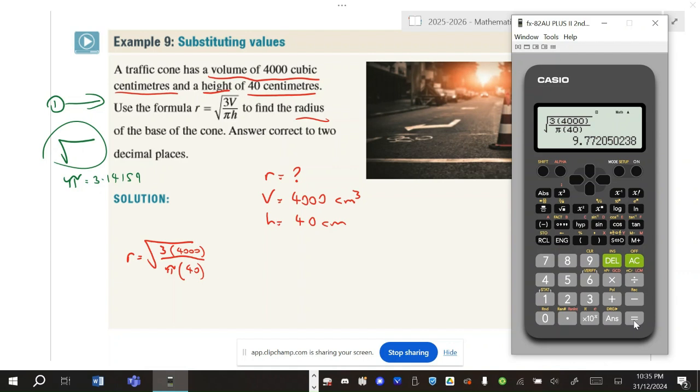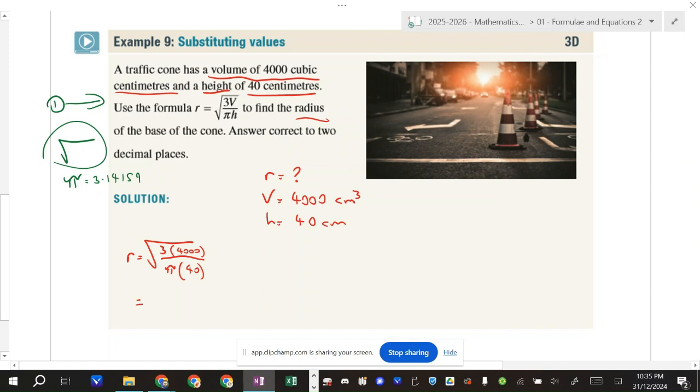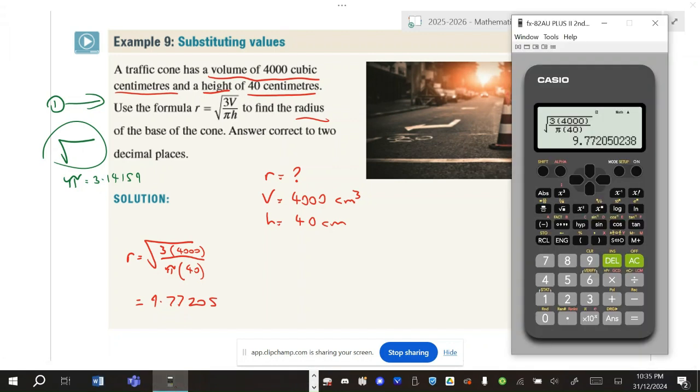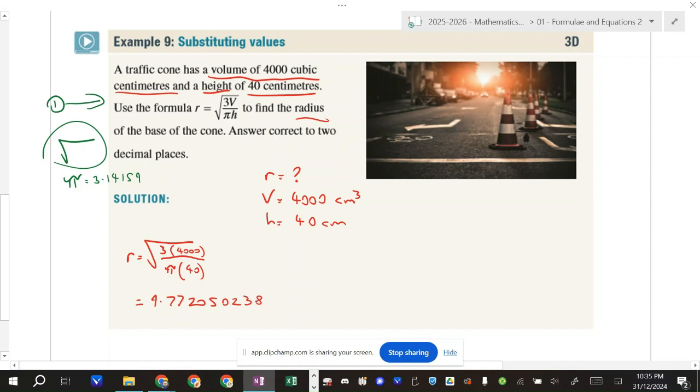So we've got R equals 9.77205 0238, and I just put a couple of dots at the end just to indicate that it is a calculated display and is going on forever.